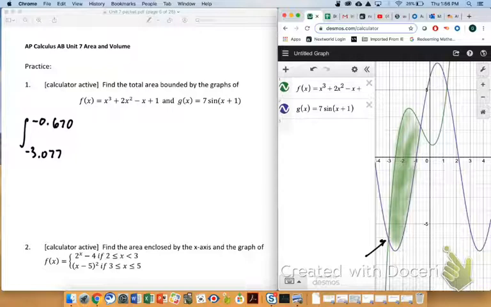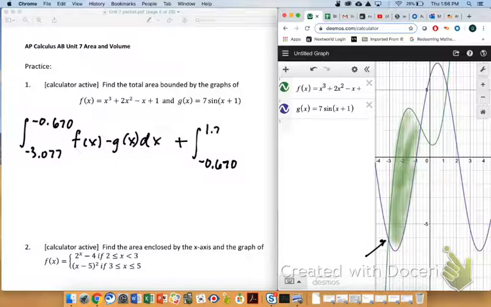Okay. So for my green area, it's going to be F minus G, because F is the higher function on that interval. Then I will add to that the integral from negative 0.670 to, isn't it like 1.296?